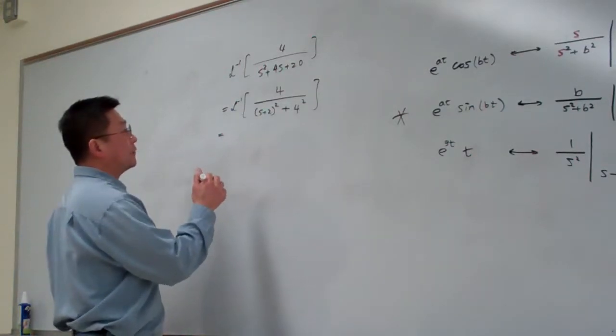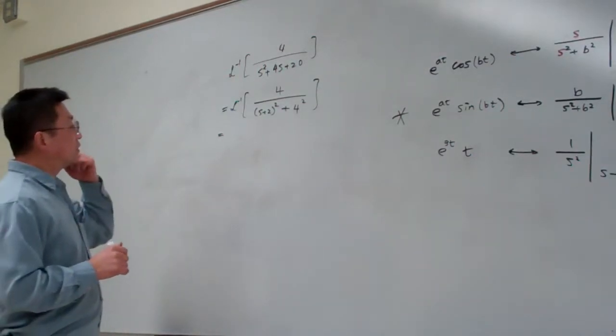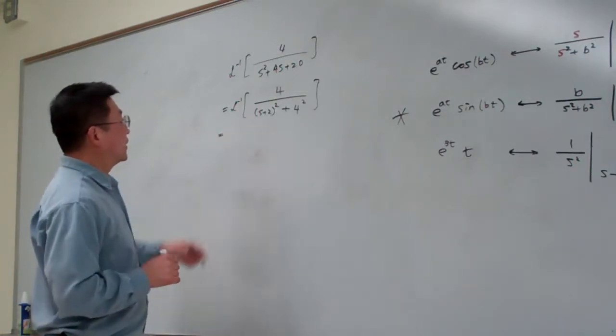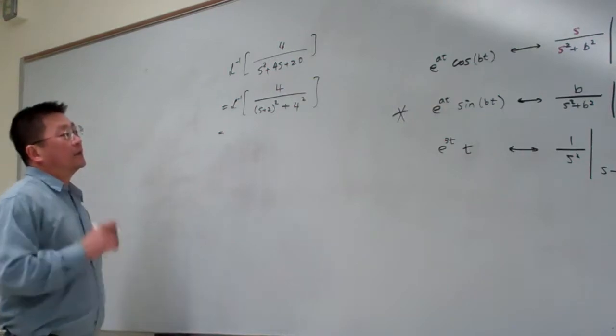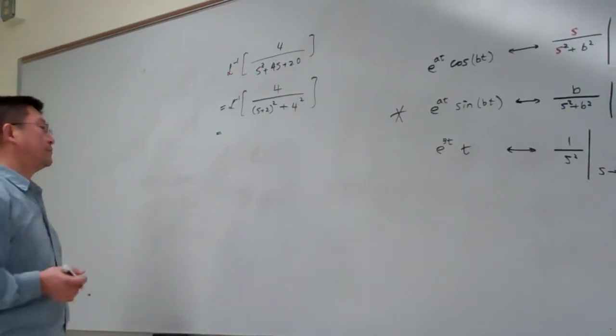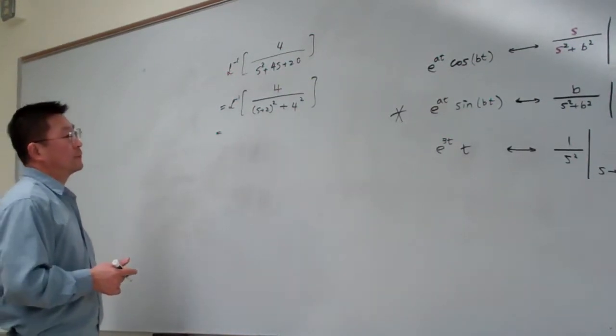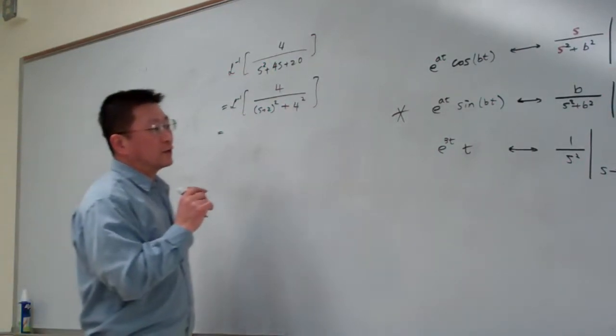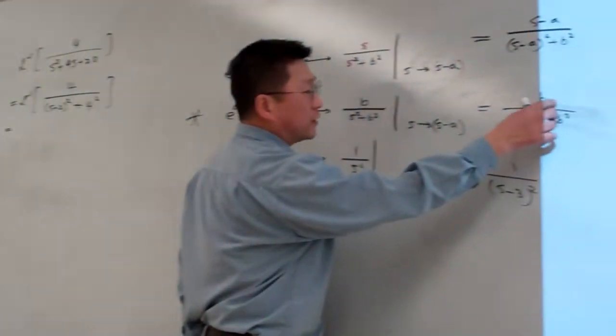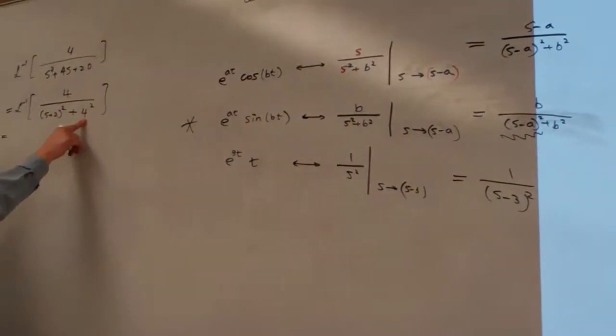So here, how to do this? Taking up this one, you can see how to do that. So right now for this one, b squared, and this is b equal to 4.